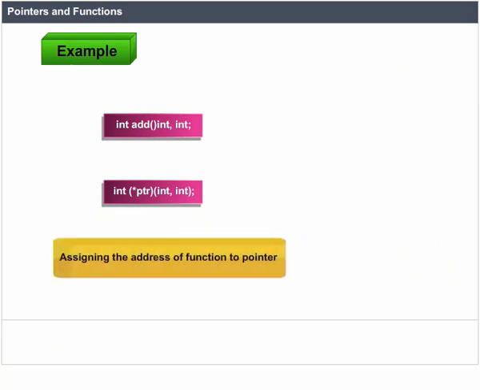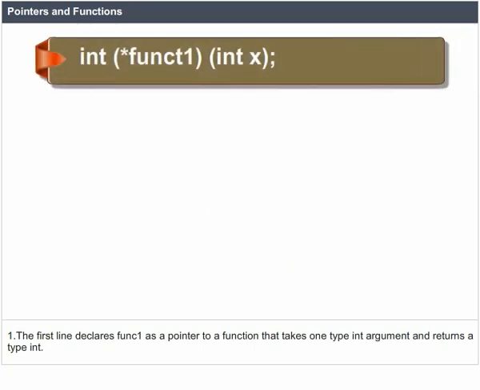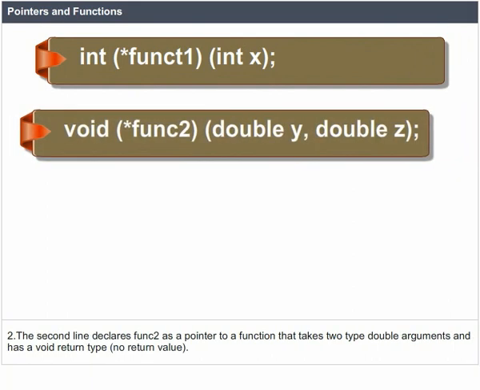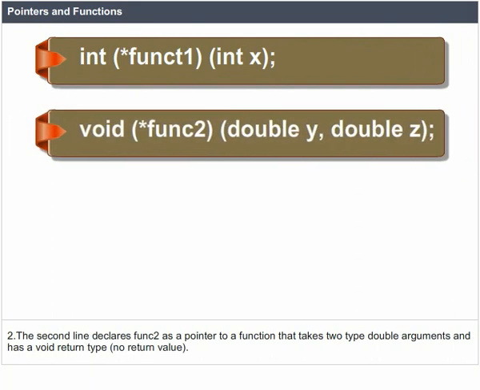The first line declares func1 as a pointer to a function that takes one type int argument and returns a type int. The second line declares func2 as a pointer to a function that takes two type double arguments and has a void return type, or no return value.